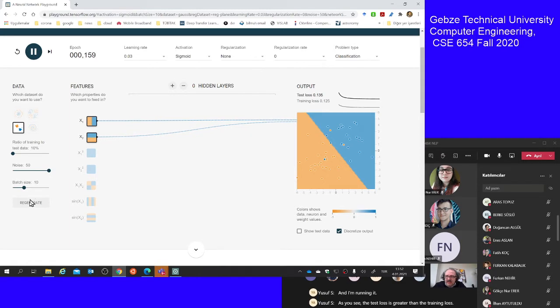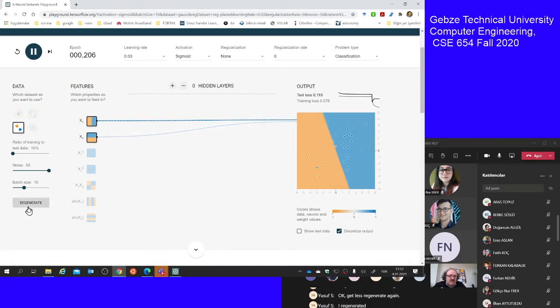Let's regenerate again. Again, the test loss is greater than the training loss. After a while, training loss is going down a little, getting a little bit better, but test loss is not changing. Let's wait until this epoch reaches 1.